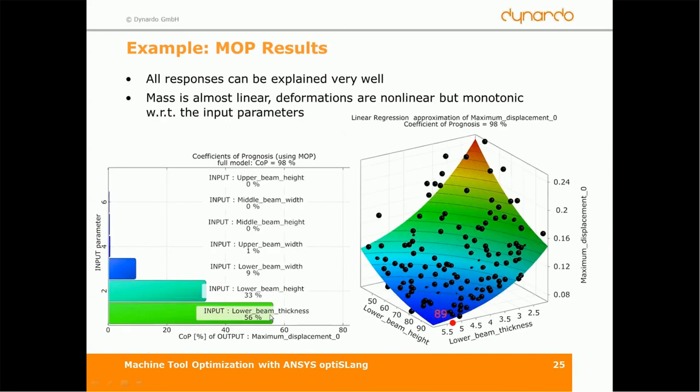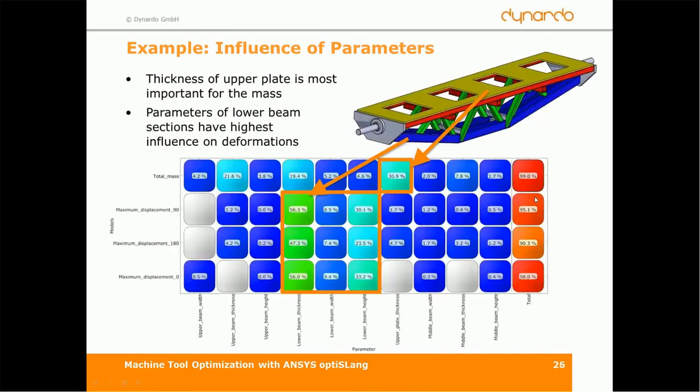We may detect the most important parameters, so we can reduce the parameter space or the number of parameters, which then makes the optimization much more efficient. And if we have a high explainability, more than 80% or so, then we can be sure that the model behaves quite well, so that the optimizer has a good chance to find a suitable design.